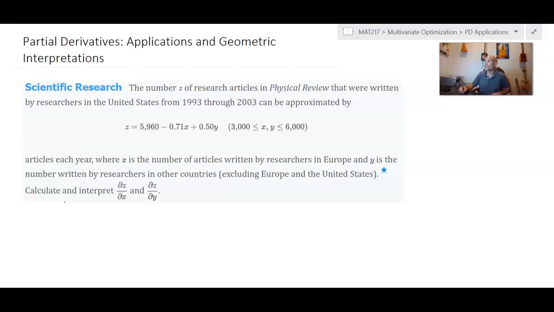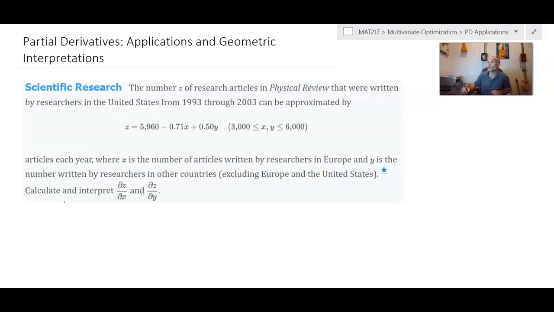The number Z of research articles in Physical Review, so Z is the number of research articles that were written by researchers in the US from 93 to 2003, can be approximated by this function. And here we're told that x and y are both between 3,000 and 6,000 articles each year, where x is the number of articles written by researchers in Europe and y is the number written by researchers in other countries, excluding Europe and the United States.